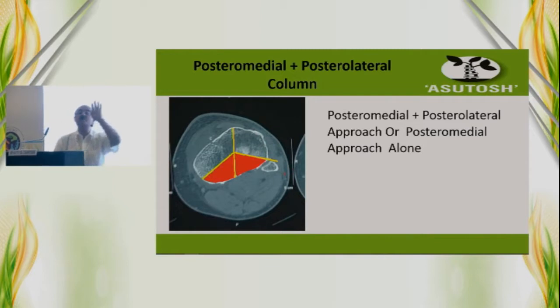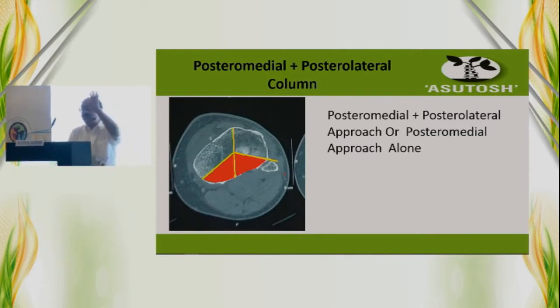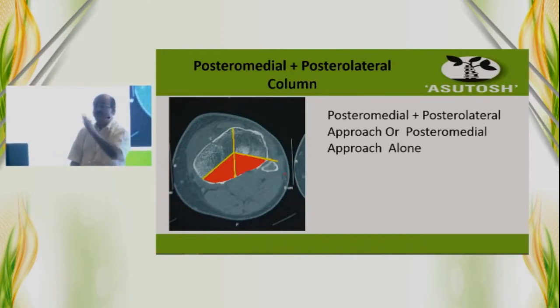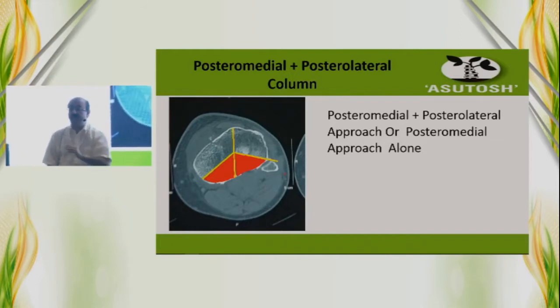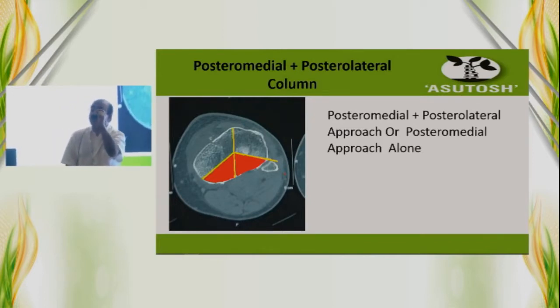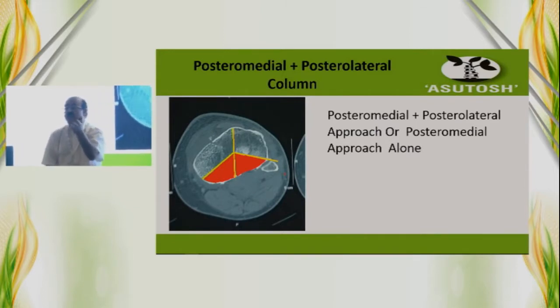If you have a posteromedial with a posterolateral, then isolated posteromedial, as Sushrit has shown, with two plates going, one posteromedial, one posterolateral, but the approach is posteromedial. The trick for this, all should remember: just nick the fibers of the aponeurosis of the gastrocnemius at the origin point. That will relax your gastrocnemius and will allow you to see more on the lateral side.